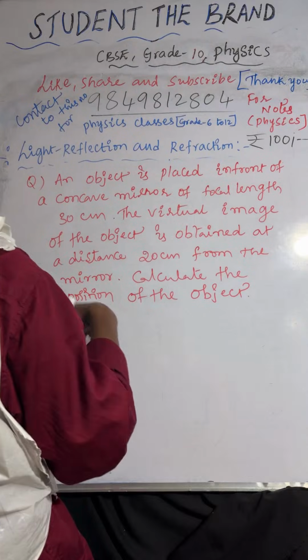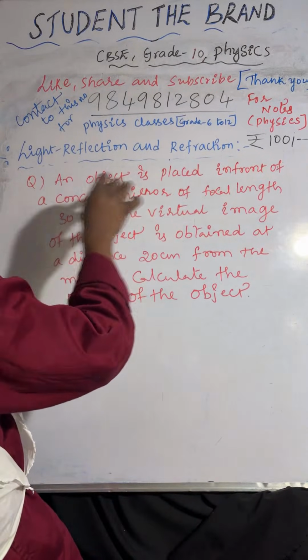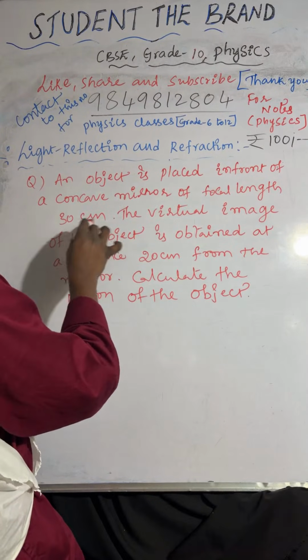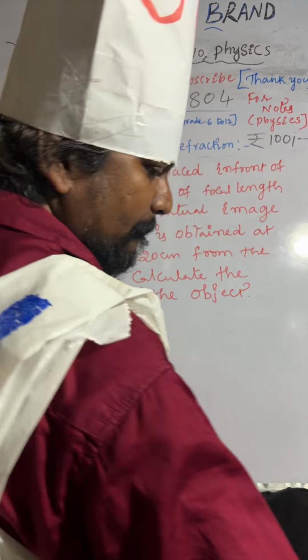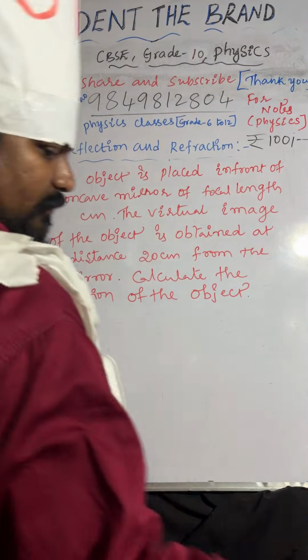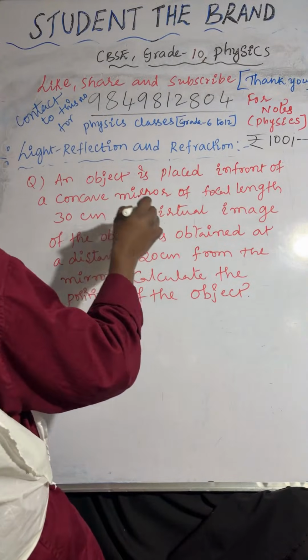So this is the question. Check once. We have to find the position of an object placed in front of a concave mirror of focal length 30 centimeter.